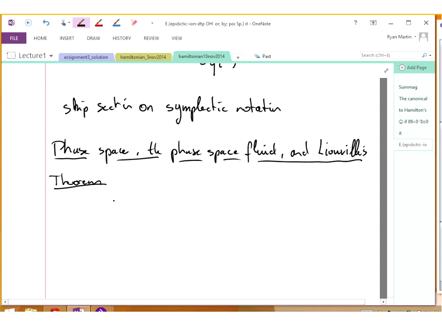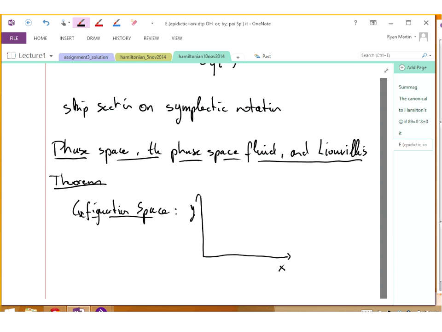So configuration space, if you had, for example, a cannonball, the axes are the coordinates.